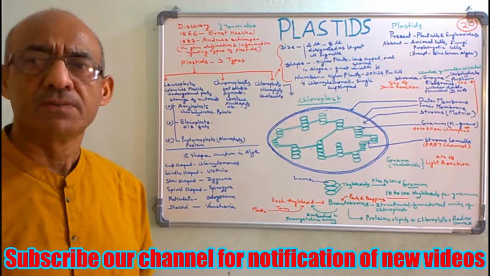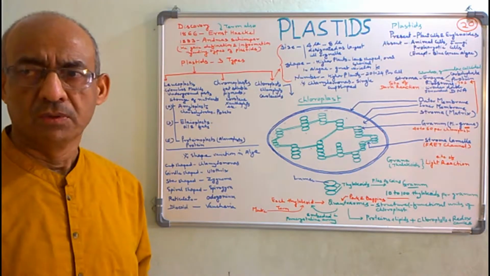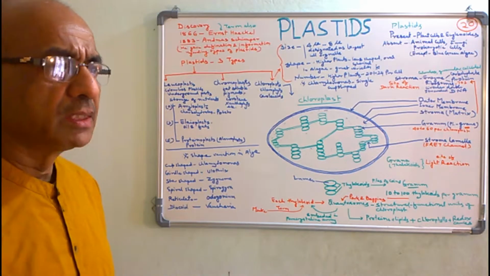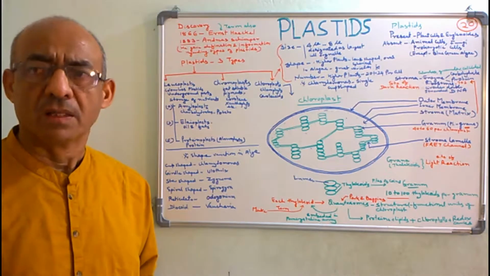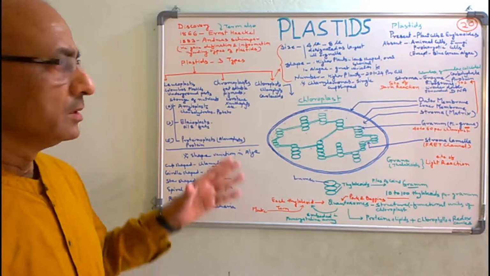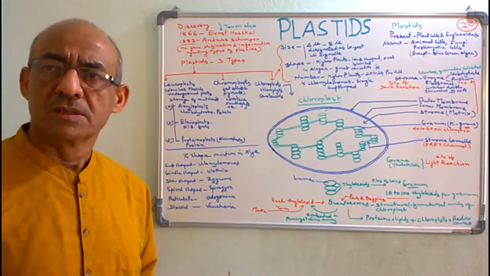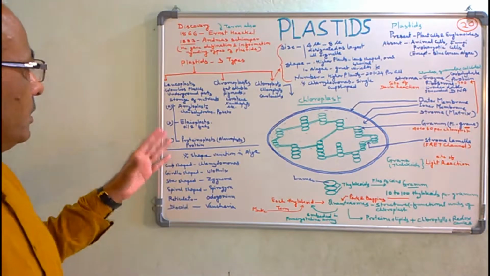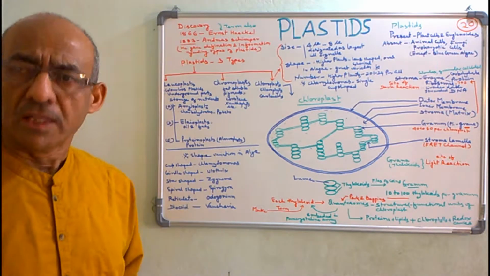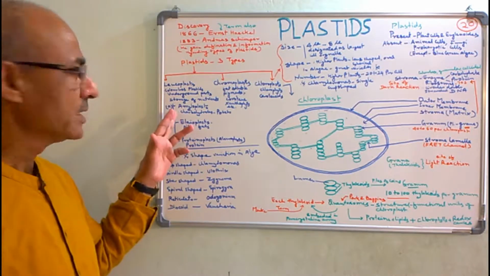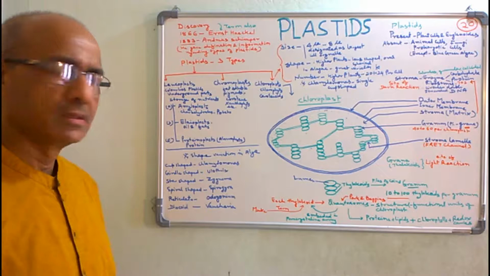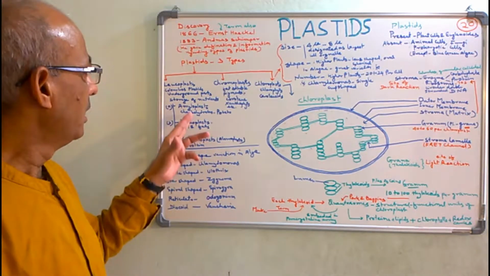On the basis of nutrients which the leucoplast stores in the various parts of plants, leucoplast may be classified into three types.